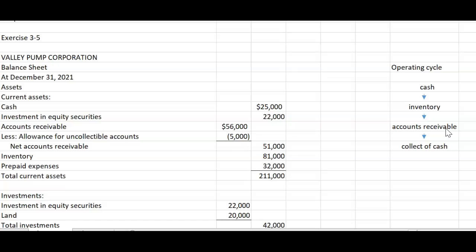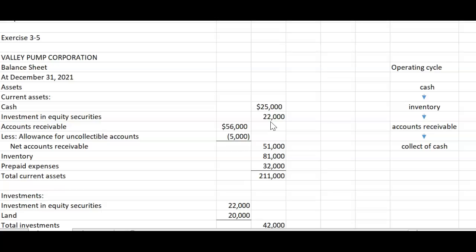So the cash would be the first we would look at, and the cash is $25,000. The accounts receivable is usually not shown right after cash if there is an investment in equity securities that are short term. So in this case, the $22,000 really represents investments, and if you look for the investment in equity securities, it's $44,000.